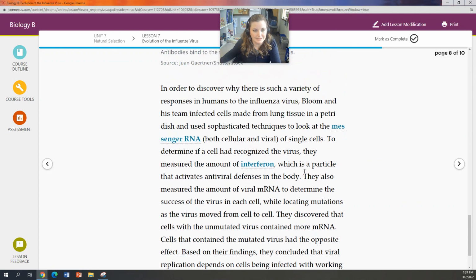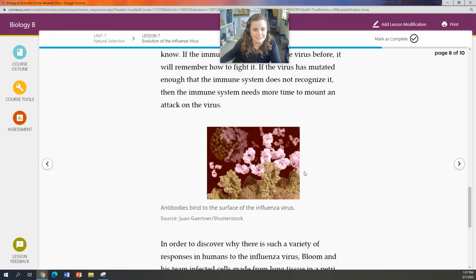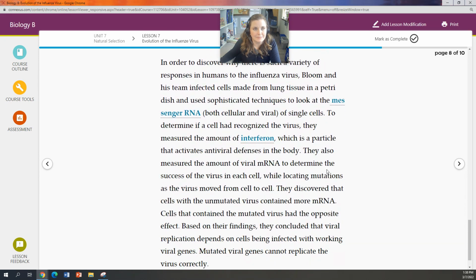So that's an important thing as well, that the virus needs to be able to mutate to escape the immune system. But if it has mutated too much, the mechanics of your body's cells does not work properly to be able to transcribe that viral DNA into messenger RNA and to be able to actually make new viruses from that. It won't work anymore. So it's kind of a fine line, at least for the virus to be successful.